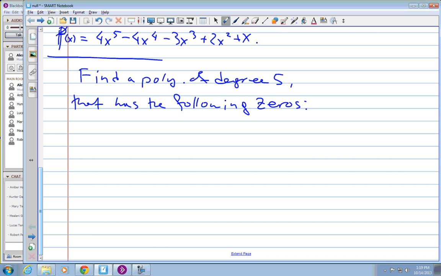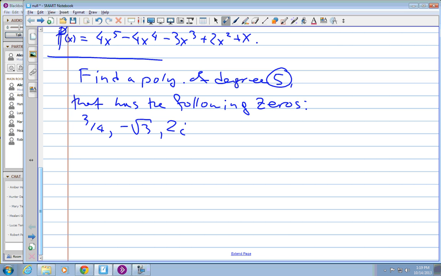And the zeros are 3/4, negative square root of 3, and 2i. Okay? Nothing is mentioned about multiplicities. Okay, so these are the three zeros, and the degree of the polynomial is 5.